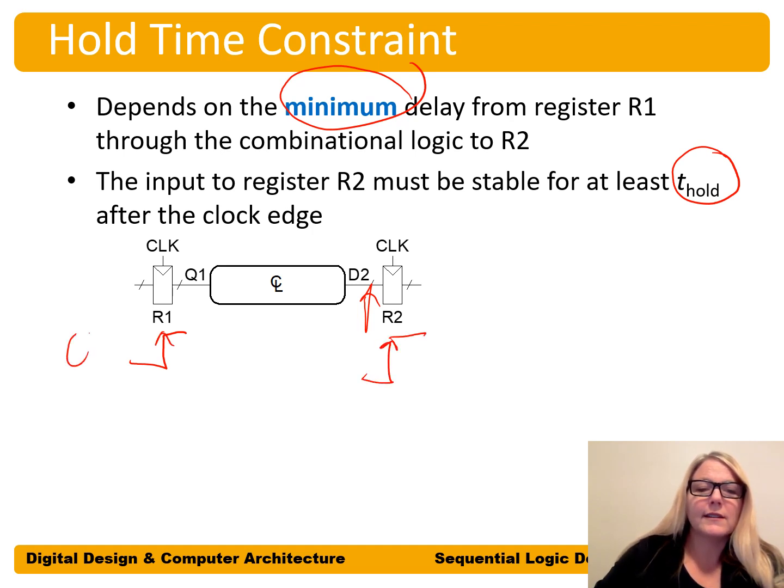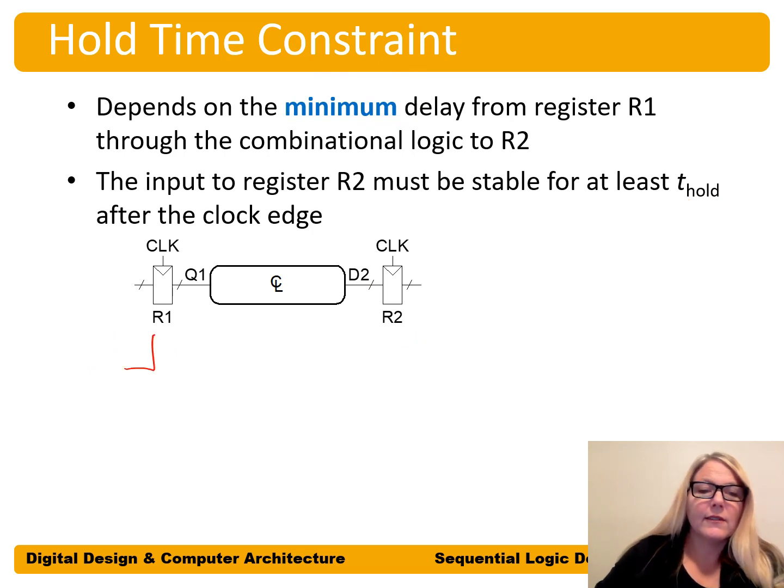So here's our clock signal. We're looking at that same clock edge. And so we want to make sure that any signal does not race through this circuit and start changing D2 before a hold time after the clock edge, T hold.